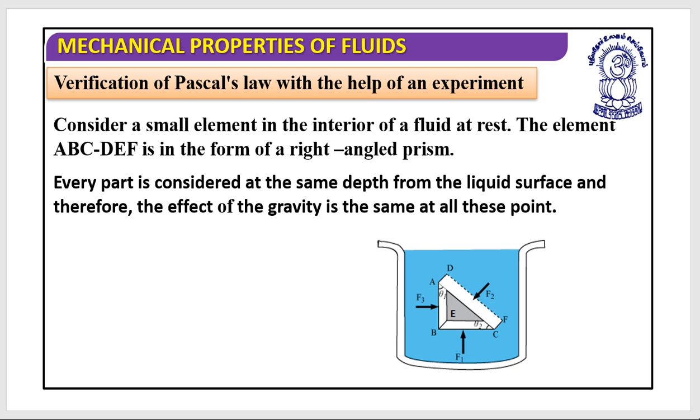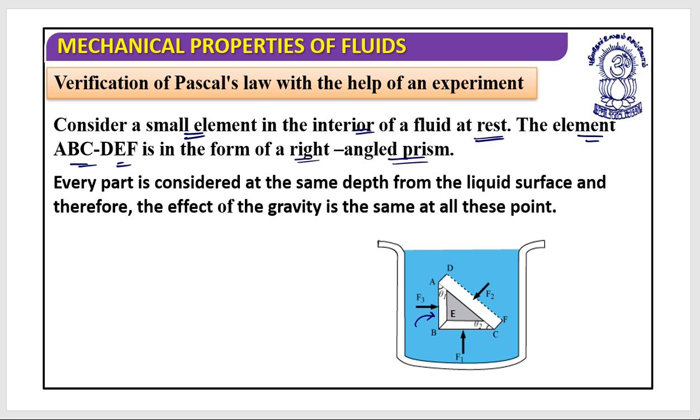Now let's prove how this can be justified, that at rest the pressure is the same. Consider a small element in the interior of a fluid at rest, which we call ABC and DEF, in the form of a right angle prism.